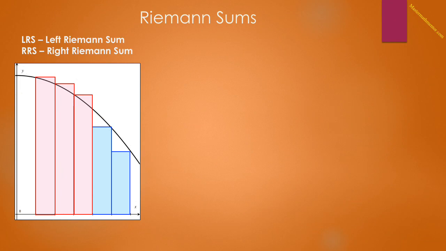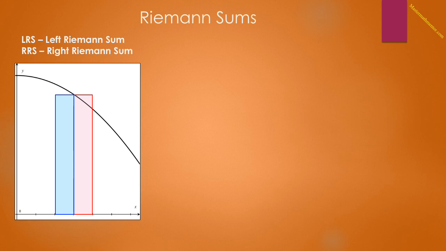As shown in the graph, the left Riemann sum, sometimes abbreviated LRS, builds rectangles starting with the leftmost x value. Right Riemann sums, RRS, build rectangles ending with the rightmost x value. This one red left Riemann sum rectangle was generated as we build them from the left.